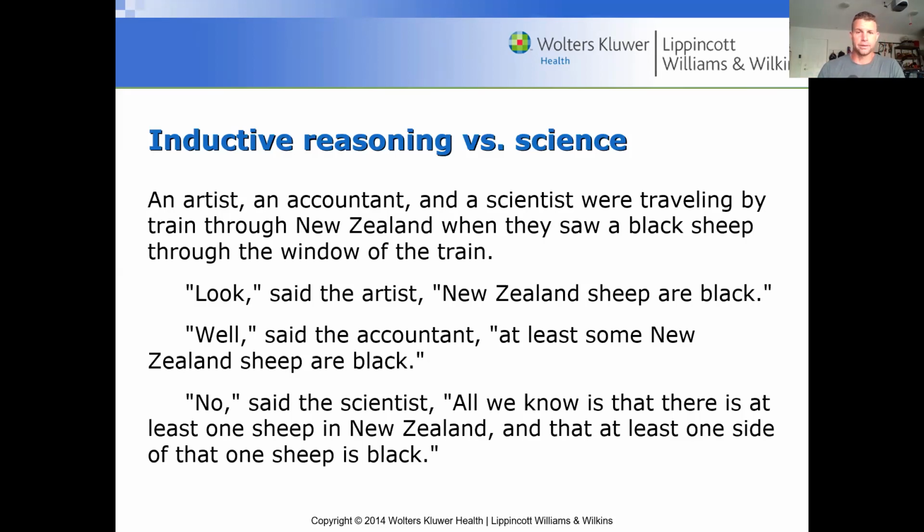And then the scientist says, no, all we know is that there's at least one sheep in New Zealand, because they only saw one sheep, and at least one side of that sheep is black. Say the train's going east-west, and the sheep is facing east or west, and it didn't move. They didn't see the other side of it. They know at least that one side, right?